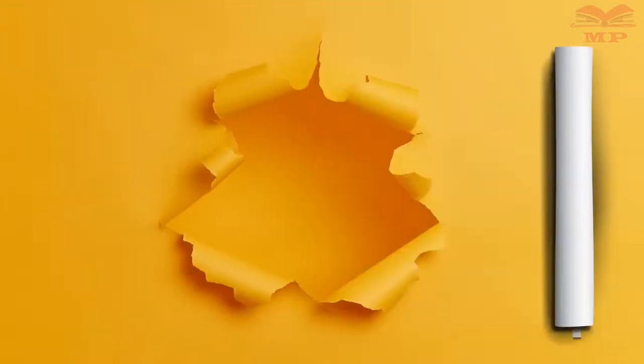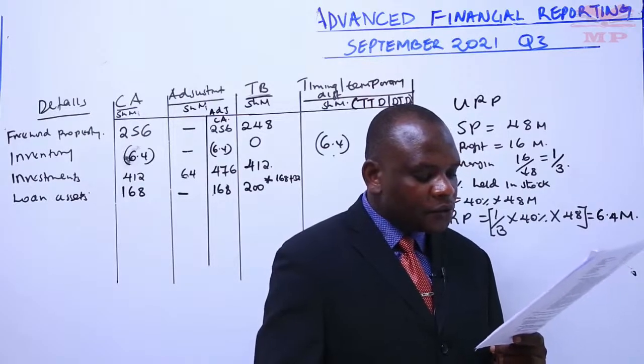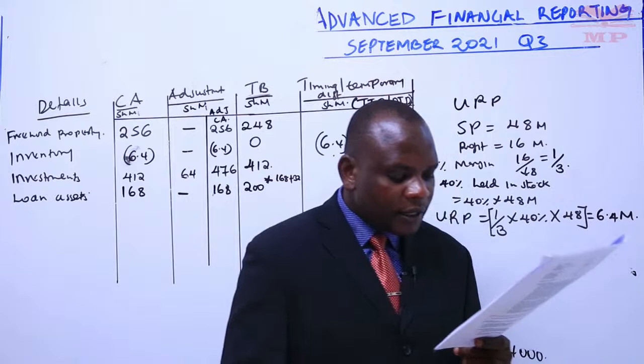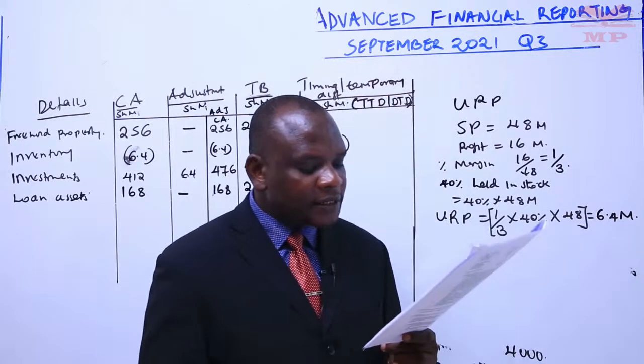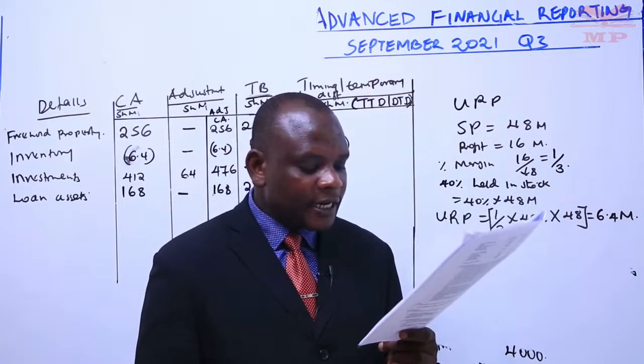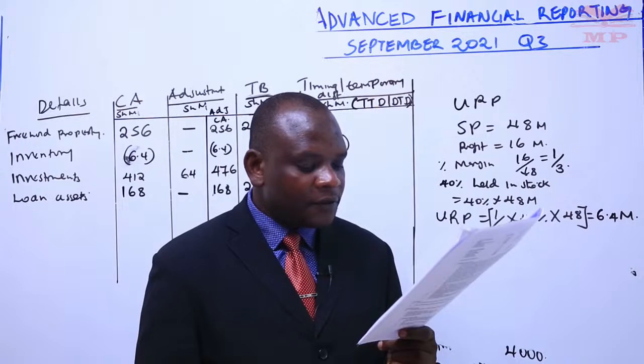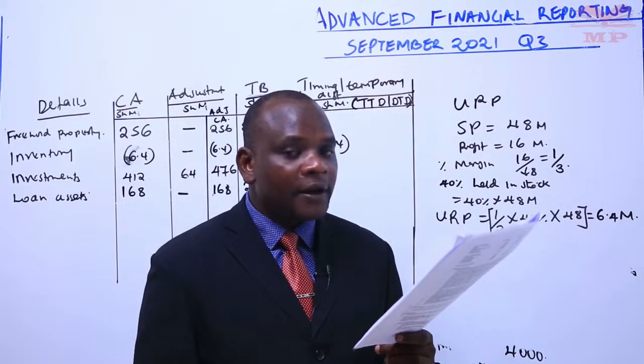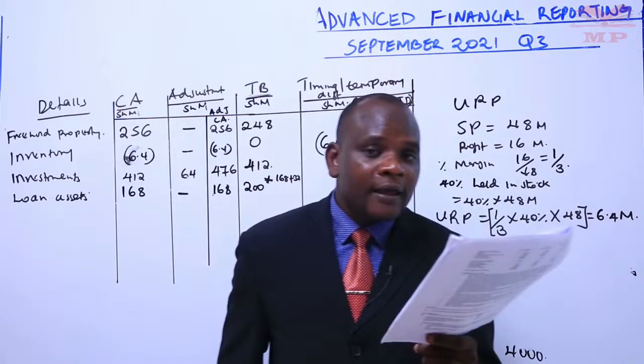Now, according to IAS 12, we are supposed to recognize the unused tax losses as deductible temporary differences only if it is highly probable that there will be taxable profits against which the unused tax losses will be utilized.